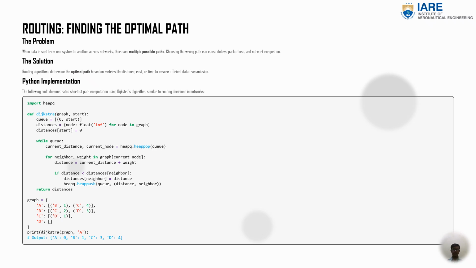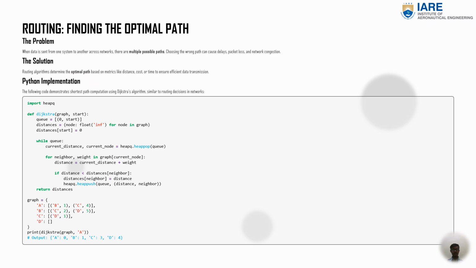This is very important because Dijkstra always selects the node with the minimum distance. Now let's talk about the function. Here the function is defined as dijkstra with two attributes: graph, a dictionary representing the graph, and start, the starting node or the source.